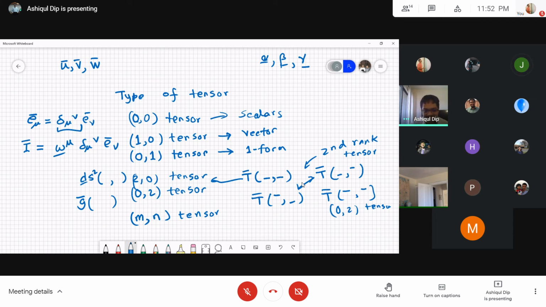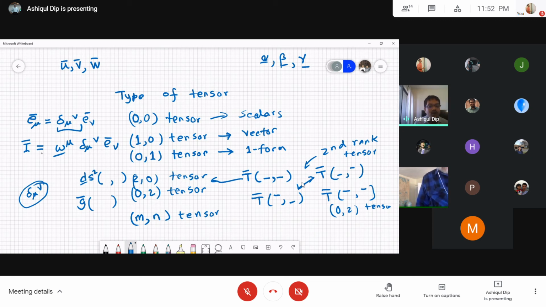But the Kronecker delta itself doesn't take any vector or one-form. It is a number. Itself, it is not a vector or anything. It's just a number. But that number could be a scalar. That number could be a component of a vector.